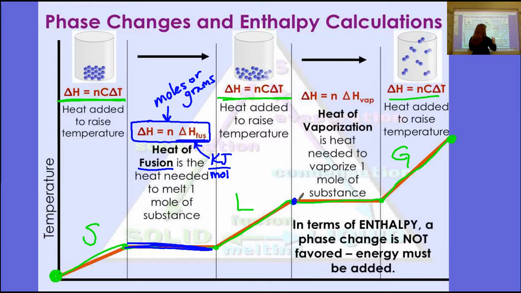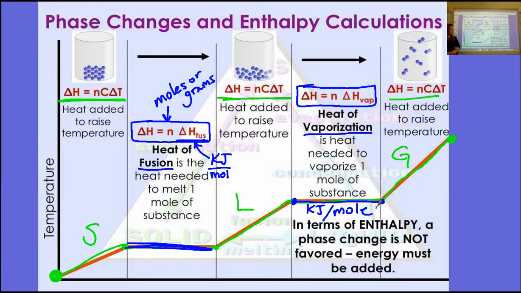Same thing when I'm boiling or vaporizing. I can't use an nCΔT because I don't have a temperature change. It would make it equal to 0. So the heat of vaporization is how much heat I need to vaporize 1 mole. So again, these units are going to be in kilojoules per mole.